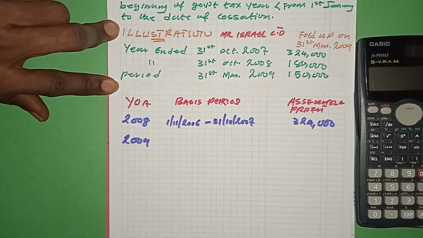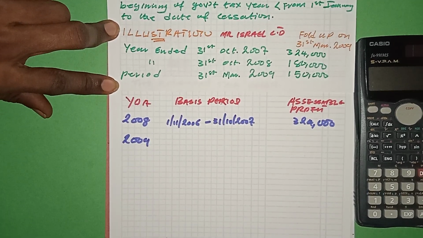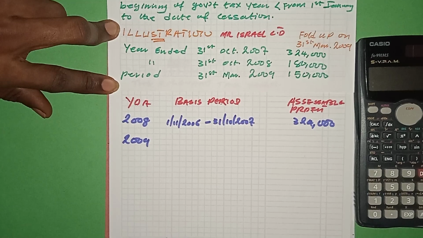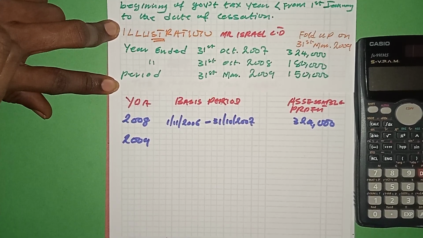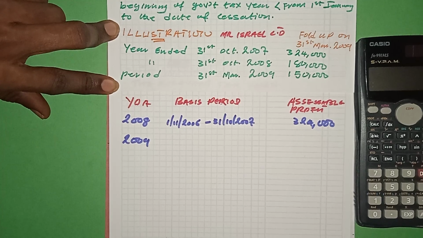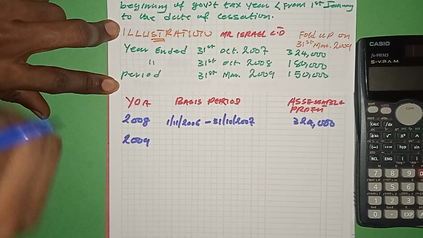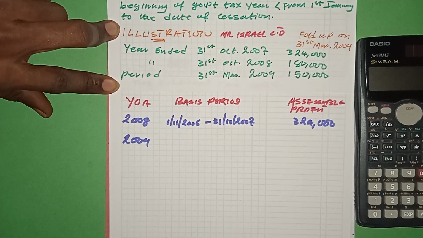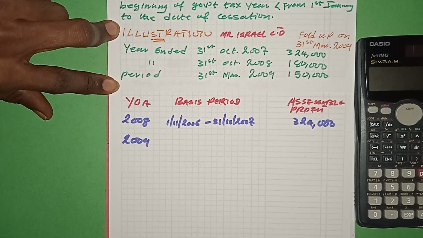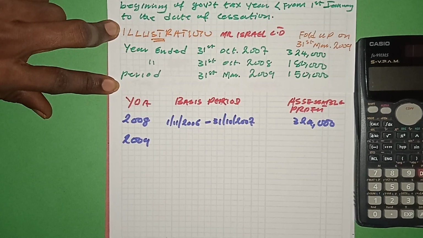Now, the next one will be 2009. And this 2009 is on actual year basis, because that is the year you are ceasing your business. We'll tax you for that same year you are ceasing your business. If you are not ceasing the business, you are not folding up, then we are not going to do that. But this one, you are ceasing your business for that year.